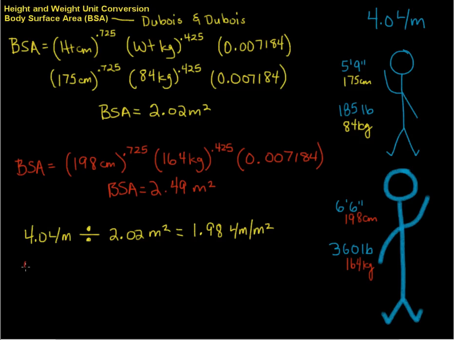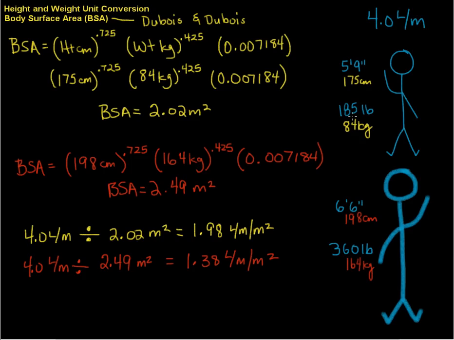And in the case of the second patient, we have the same cardiac output of 4 liters per minute, and we're going to divide that by the body surface area of 2.49 meters squared, and that is going to give us a cardiac index of 1.38 liters per minute per meter squared, which demonstrates that this cardiac output of 4 liters per minute is much different when we relate it to body surface area.